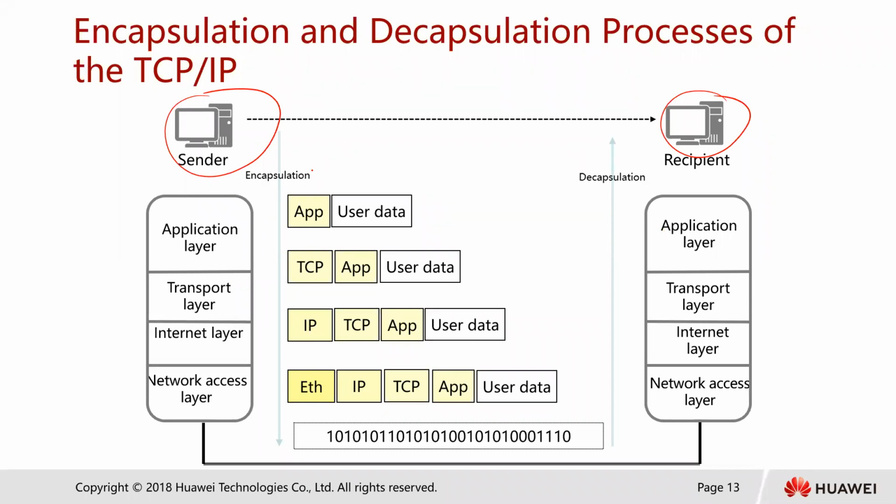The user data is first transmitted to the application layer, and at the application layer a trail is added, right? So when the sender sends the information, this is when we are encapsulating. Our application layer is going to get our packet, and it is going to add there our application trail on our user data, right?